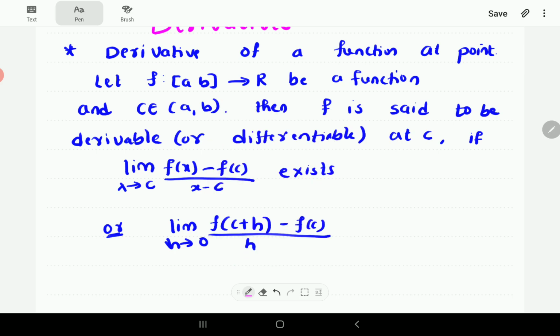So here, basically, we have a function from the closed interval [a, b] to R. On the real line, you take a closed interval [a, b] to R. Let f be a function from the closed interval [a, b] to R. We are considering any point, say c, in the open interval (a, b).